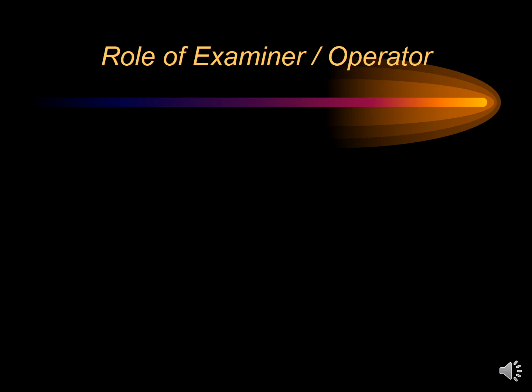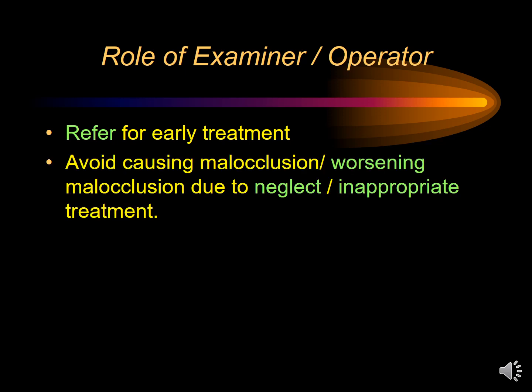Now, to recap our lecture on interceptive orthodontics. What is the role of the examiner or the operator? The important role is to refer the patient for early treatment when such problems are encountered.